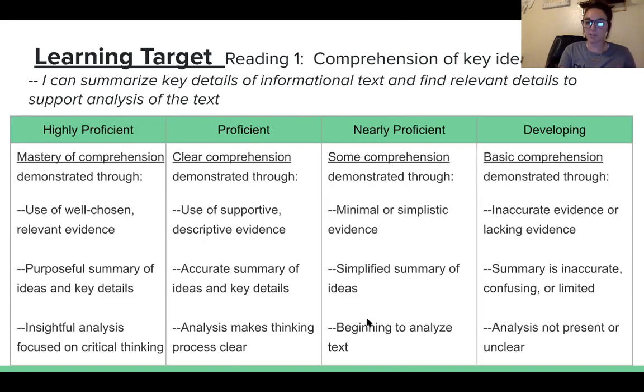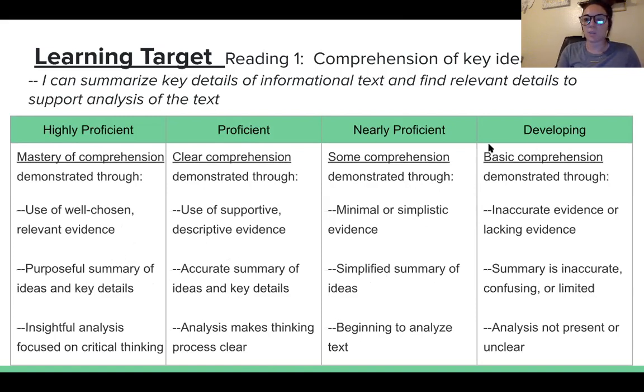You have a simplified summary and you're beginning to analyze the text. Then you bump it up for proficiency. You do have clear comprehension, you include accurate summary and details, and your analysis is clear. Highly proficient would be like a 4 on the rating scale. You have mastery of comprehension, well-chosen and relevant evidence, and purposeful summary, and you're insightful in your analysis and focused on critical thinking.